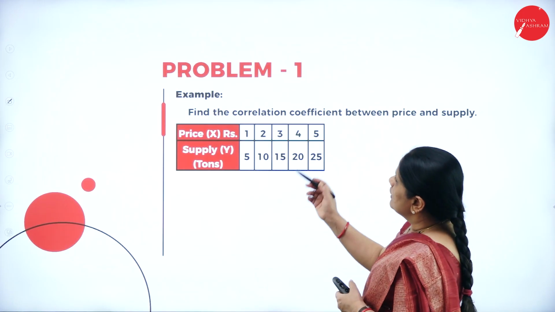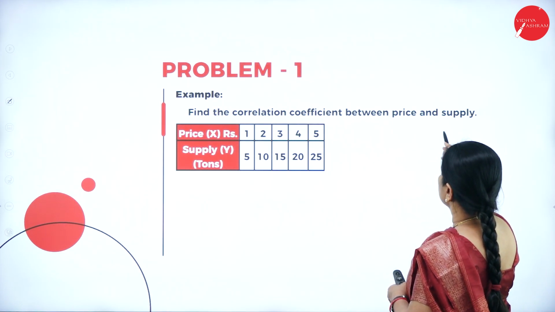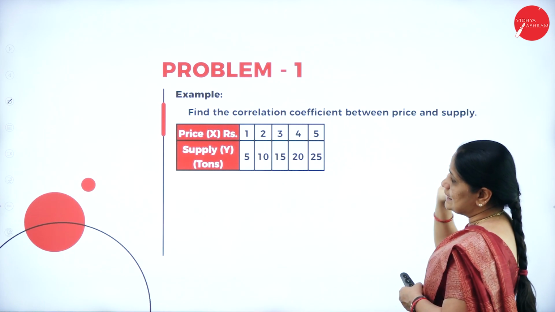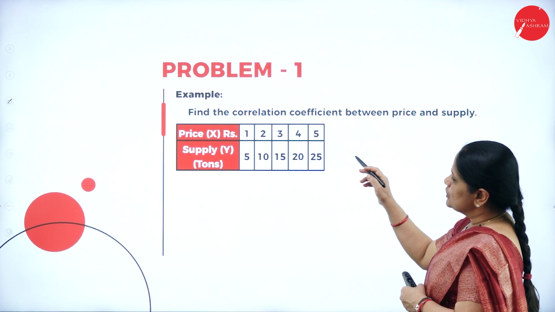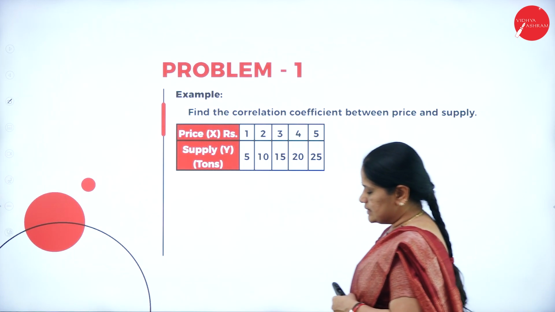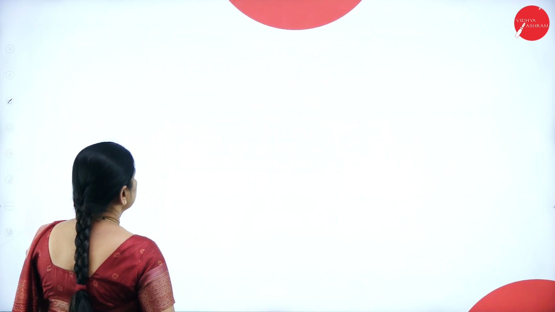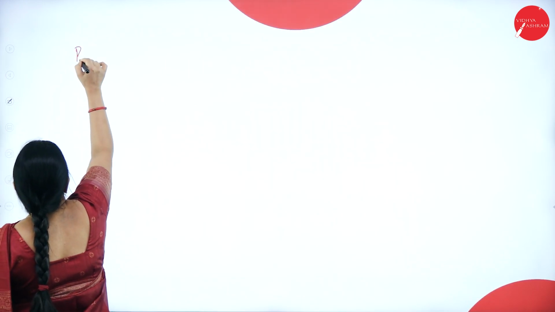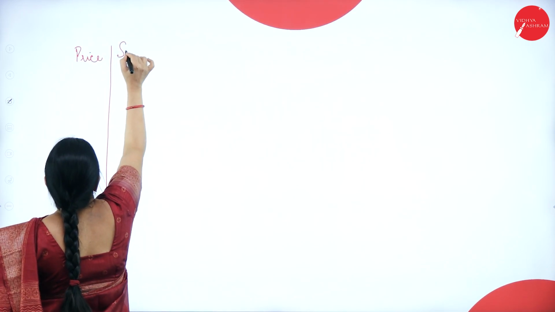Now, we have an example here. Find the correlation coefficient between the price and the supply. So, we have the price here 1, 2, 3, 4, 5. This is the price column. I'll write it in the next slide. So, the price. This is the supply.